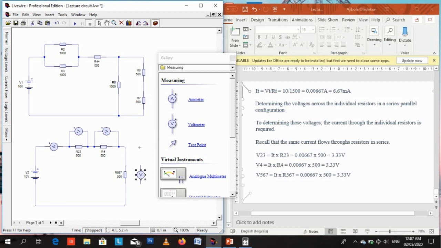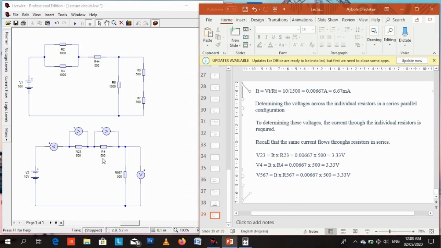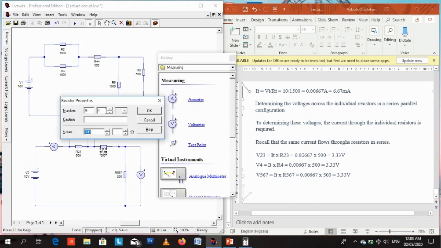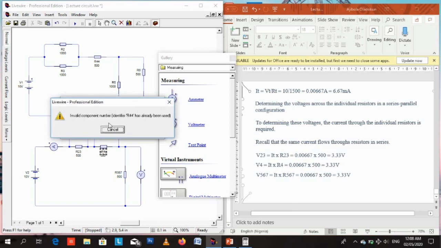This wire is misbehaving. Okay, connect, click, connect, and simulate. Now this is 3.3 volts, 3.3 volts, and 3.3 volts. So our voltage calculations are right, as proven by the virtual experiment. The voltage across R4 is right, and the voltage across R23 is also right.